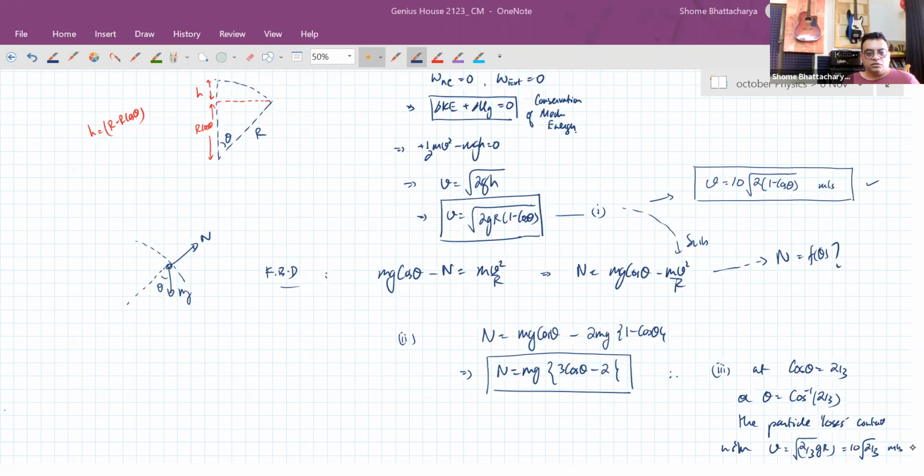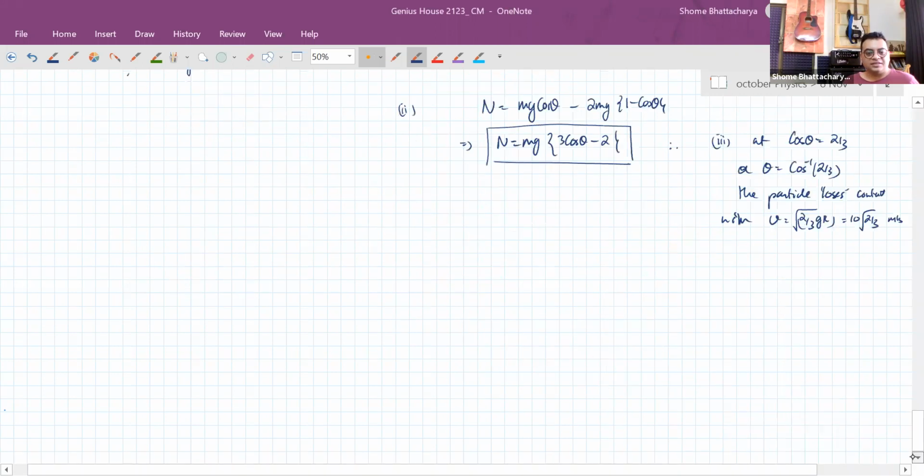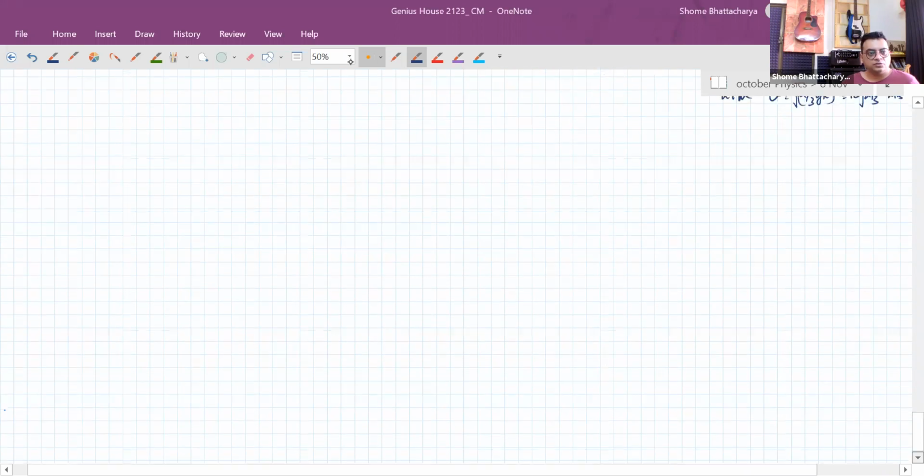Okay, so now let's look at the next template for vertical circular motion.